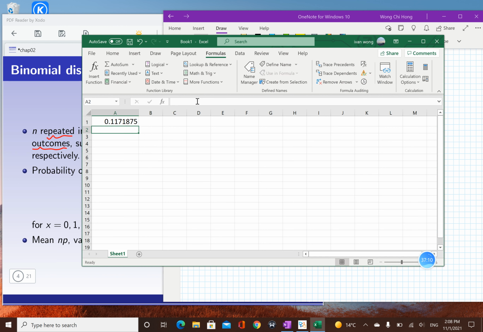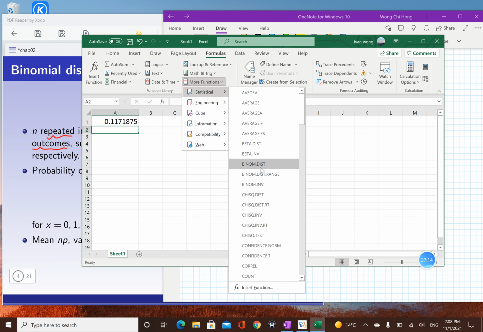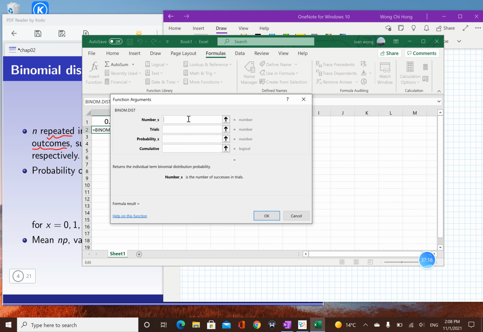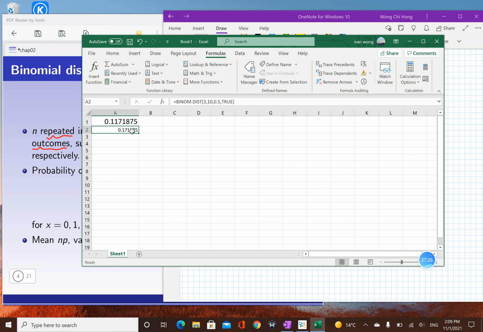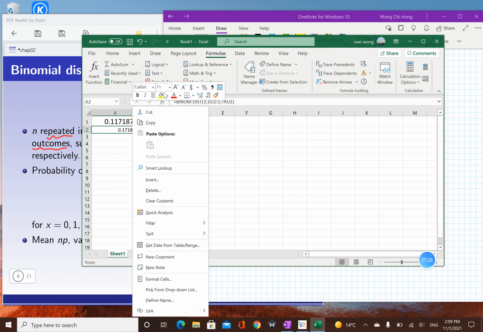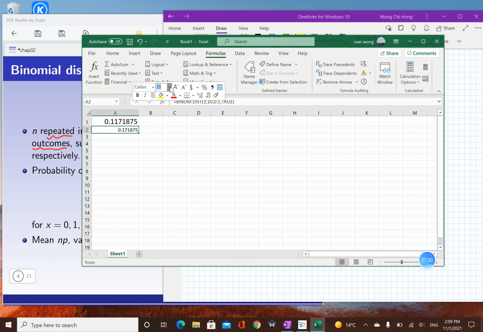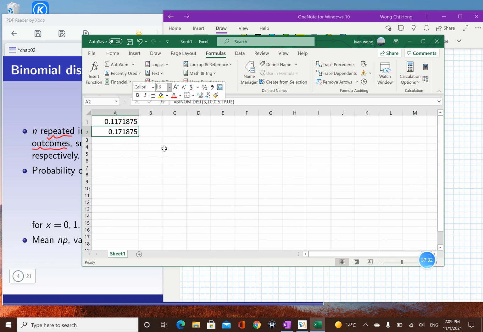But Excel allows you to do this: 10 throws, 0.5, and then by putting a true there, it gives you this number automatically. So you don't have to add all 4 of them together yourself. 17%, 17.2.